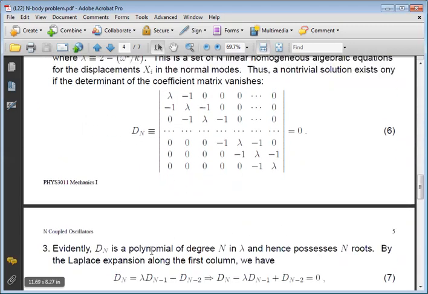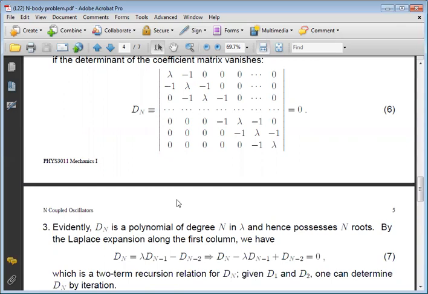Now, this Dn is a polynomial of degree n in lambda, and hence possesses n roots. Then we apply the Laplace expansion approach along the first column to find the value of the determinant Dn. Applying the Laplace expansion, we have two terms.